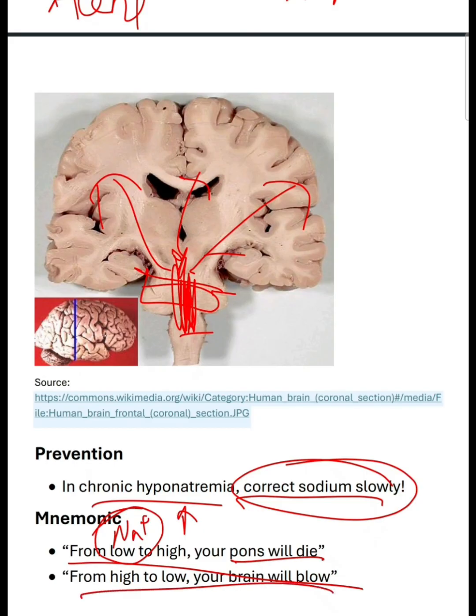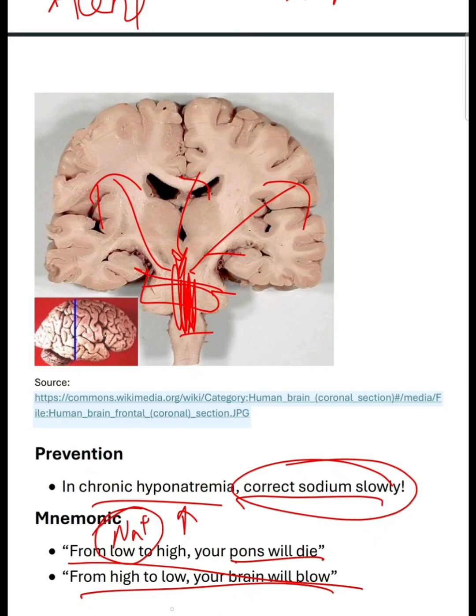And there is a reverse situation where the patient may come to you with hypernatremia, and you want to bring it down rapidly. What will happen is you are lowering the osmolarity in the extracellular fluid, but the cell interior is still having high osmolarity, right? Because of that high osmolarity, cells will draw fluid from the outside, and they will swell, and that will cause brain edema and brain herniation.